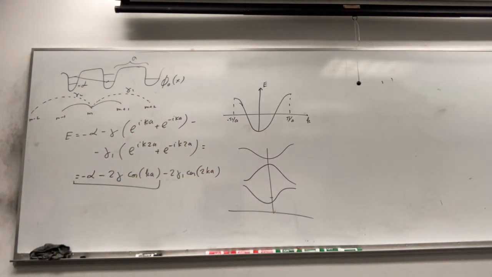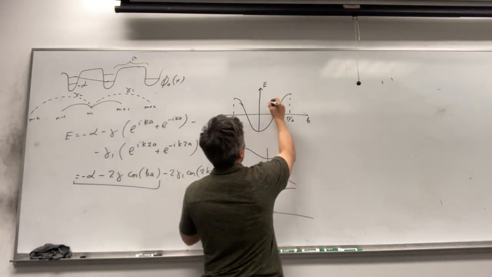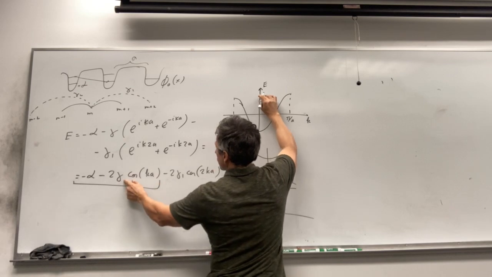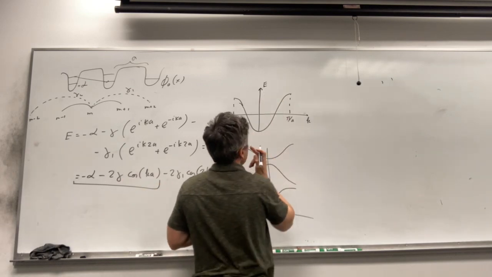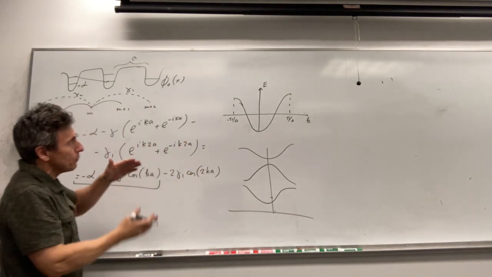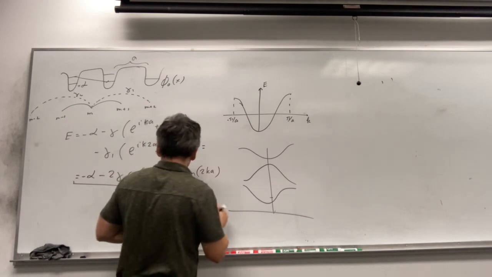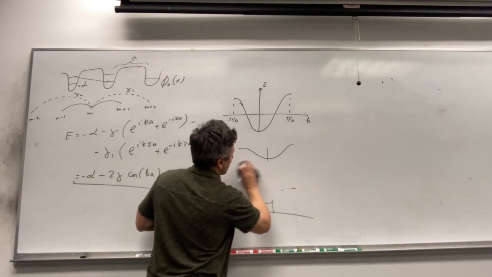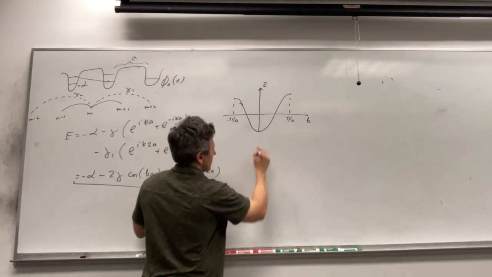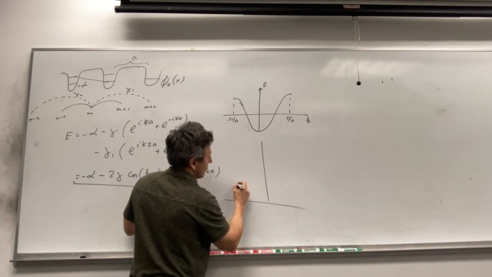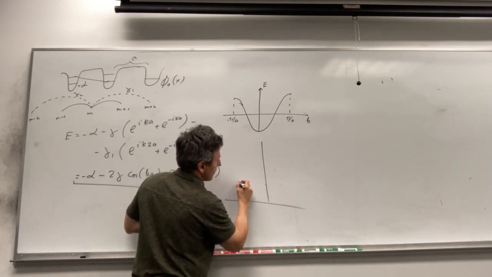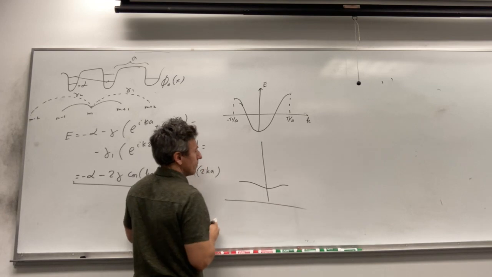This is a good approximation only when, as you can see from this expression, the width of this band is of the order of gamma, the coupling between the nearest neighbor sites. So it is a good approximation if the width of the band is relatively small. It means we have almost degenerate levels, and we introduce very weak coupling, so it will produce the following band like that.